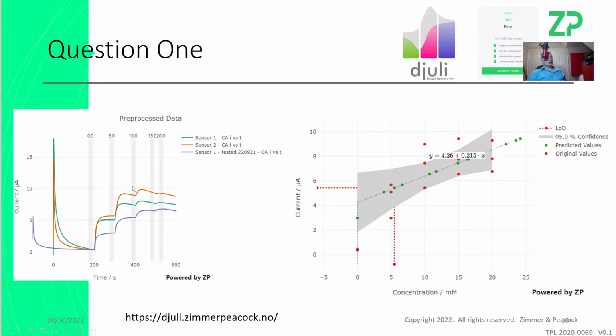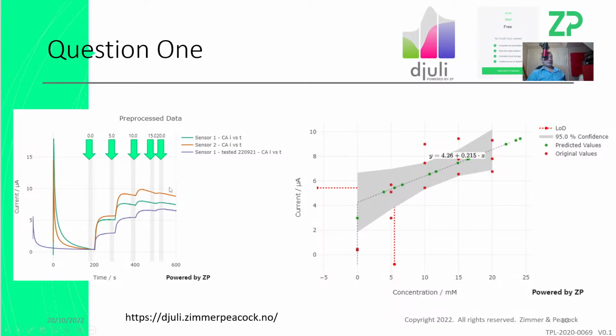Julie can automate the calibration of glucose sensors. So I just described how we do it. We add a drop of very strong glucose solution into a solution, let it stir in, and we keep adding drops and the concentration keeps going up. I must admit the data itself is not that good here. This is one of our tries. But Julie allows us to upload the data and automate the analysis and the extraction of the calibration curve.